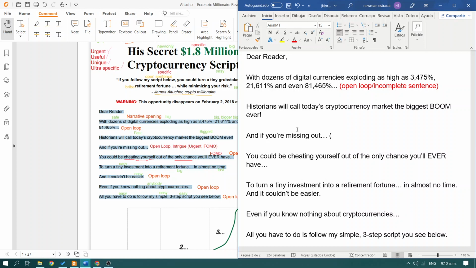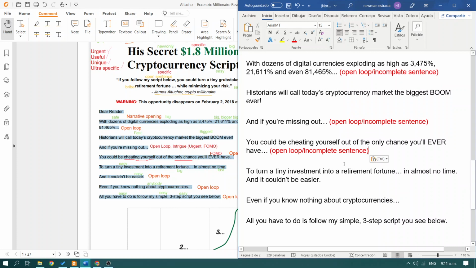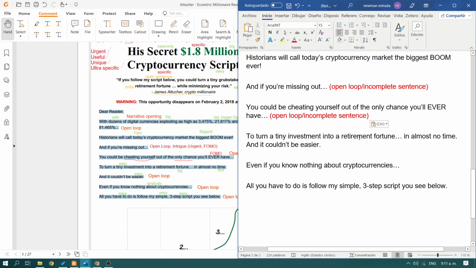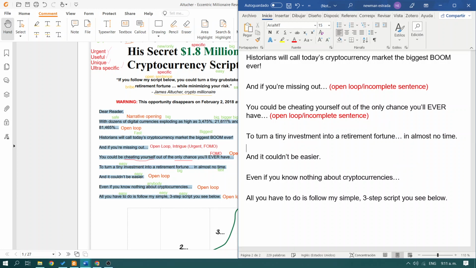He opens another open loop, right? And if you're missing out, you could be cheating yourself out of the only chance you ever have. And then you're forced to read the next, to turn an investment into a retirement fortune in almost no time. He closes the loop. And it couldn't be easier.